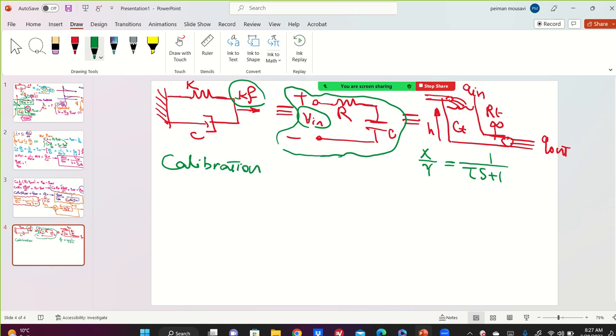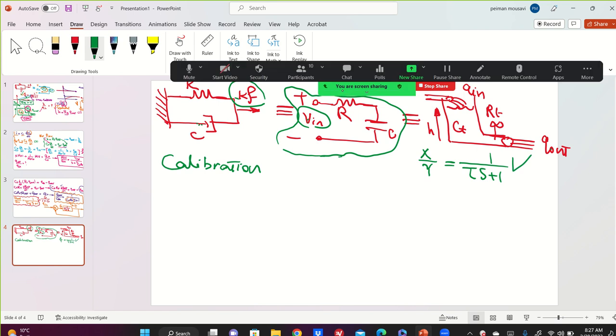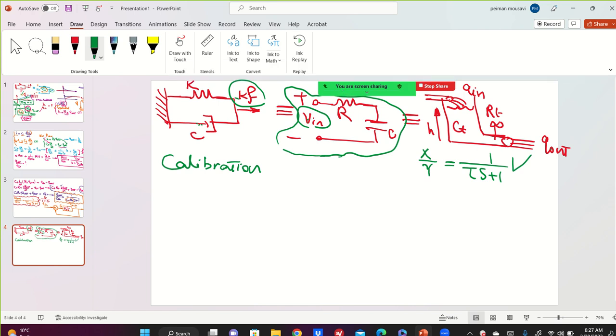Calibrate force with the voltage and the time constant of KC and RC, and then you can control this by a board of an RC circuit. If you want to control the output over input of this, control it, not only model it. Just make an RC circuit, calibrate H with the V or Q out, whatever you want. Then control it.